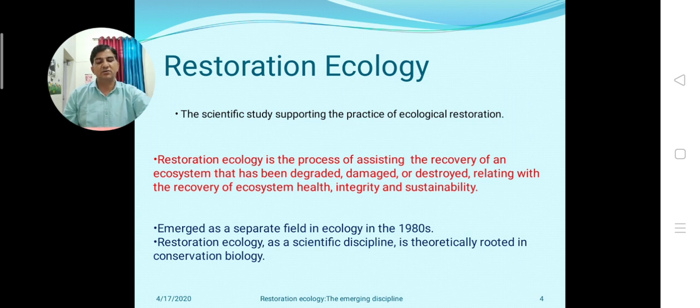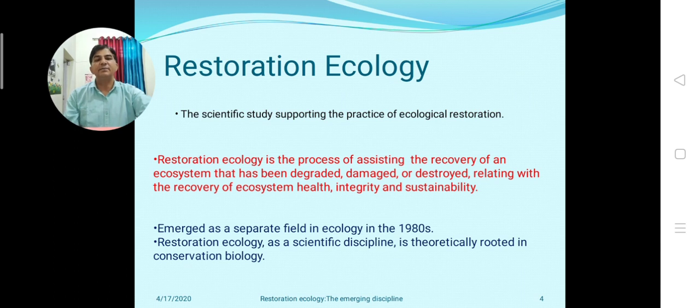In some cases, restoration work is never finished as some level of maintenance is always needed. For example, in a wetland which is dominated by invasive species, you need to keep monitoring that. You need to keep removing those invasive species. Otherwise, that would not be of any use.